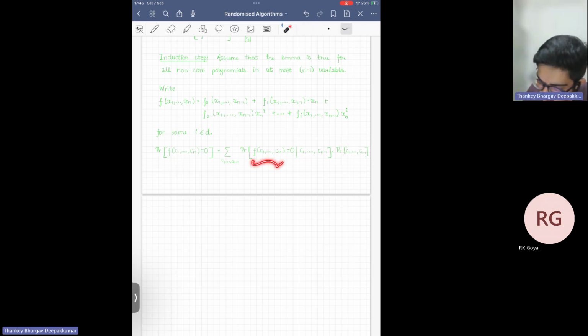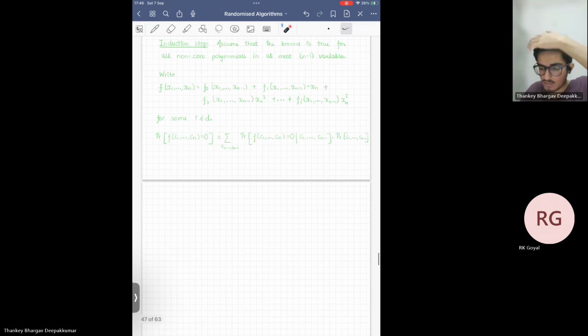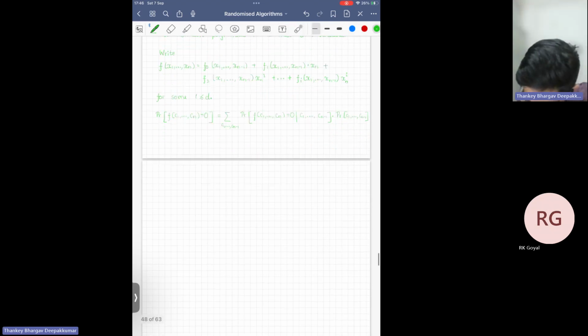Now let's just focus on one, for some value of C1 to Cn. So my claim is this. This is less than or equal to. Okay, let me write from here.